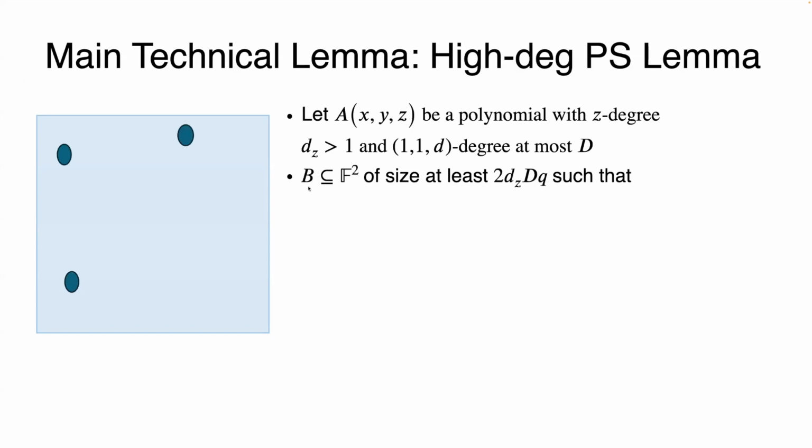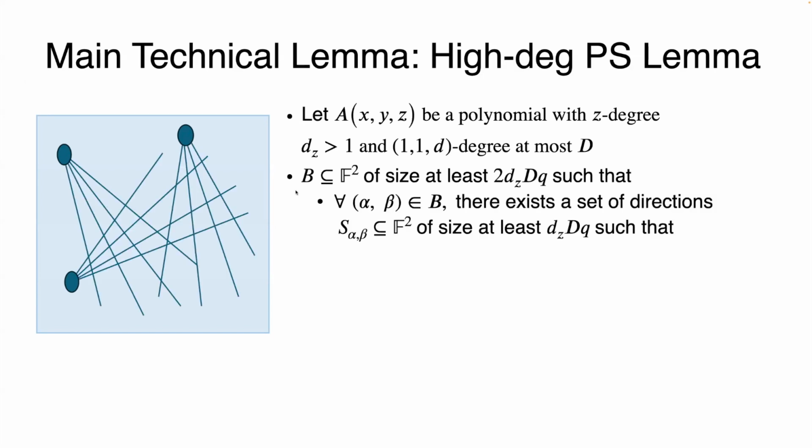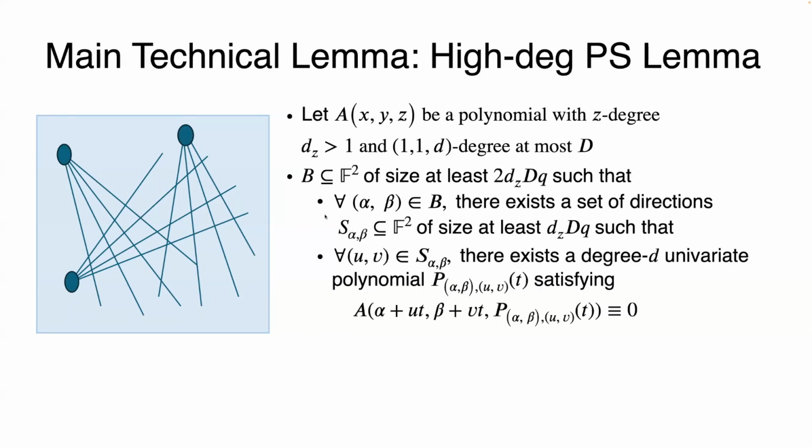We'll refer to this set of points as B. And of the lines that are originating from these points in B, each of these points has many lines that pass through it with the following property: when restricted to these lines, the polynomial A's restriction to those lines sees a factor of the form z minus p on these lines.